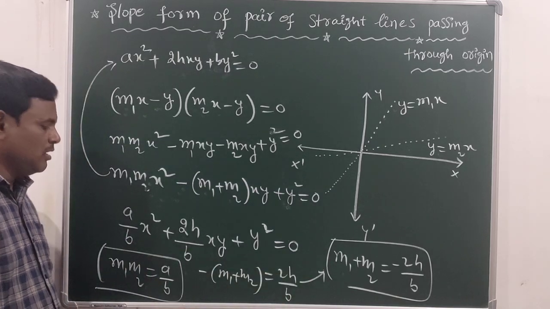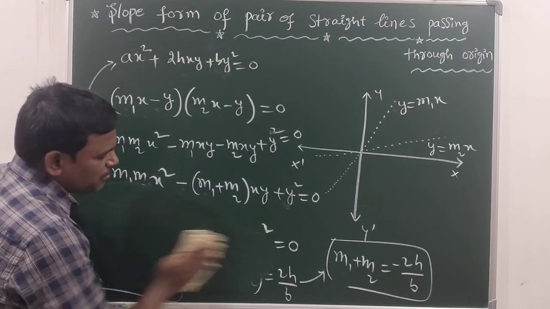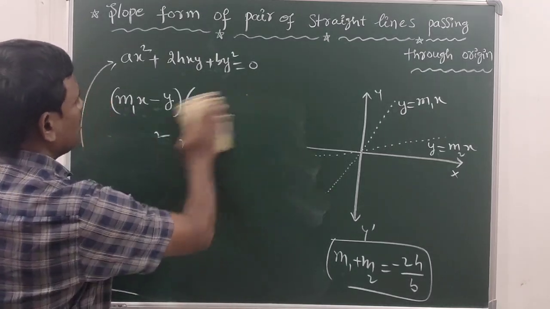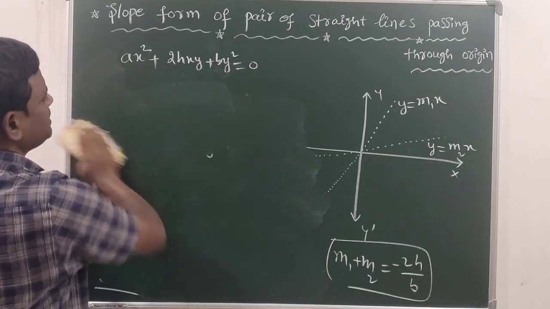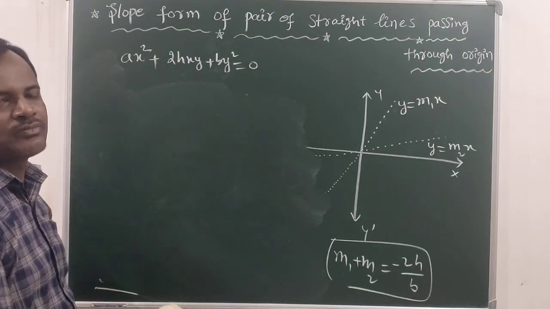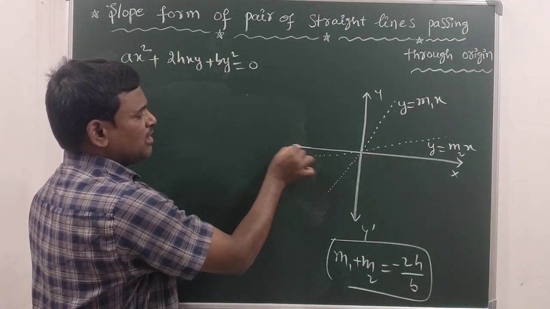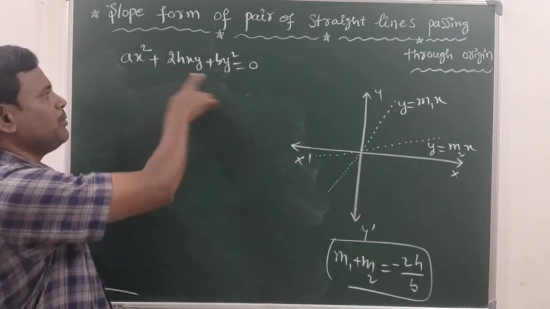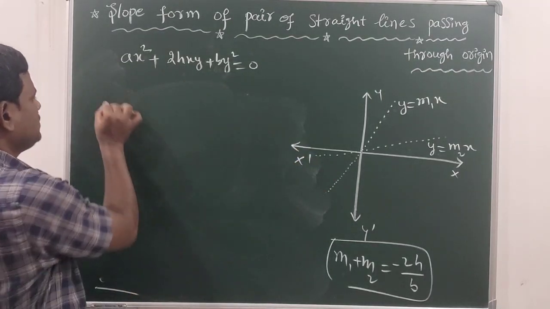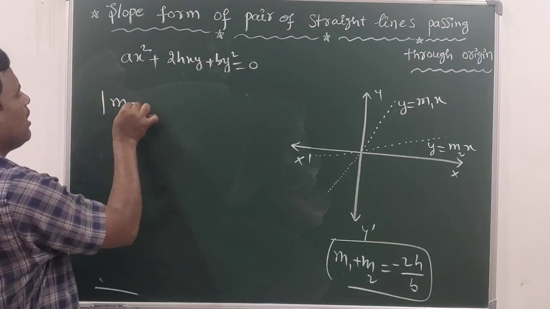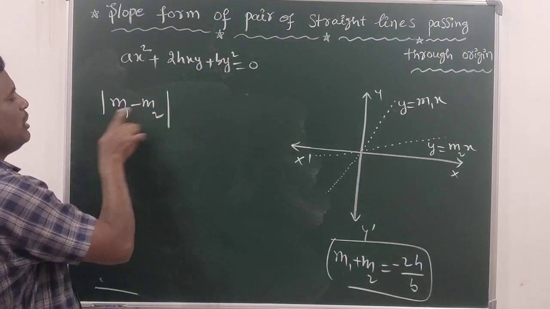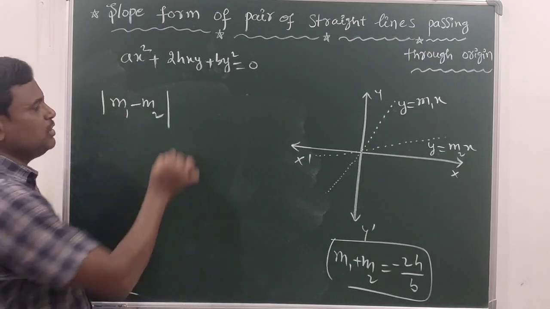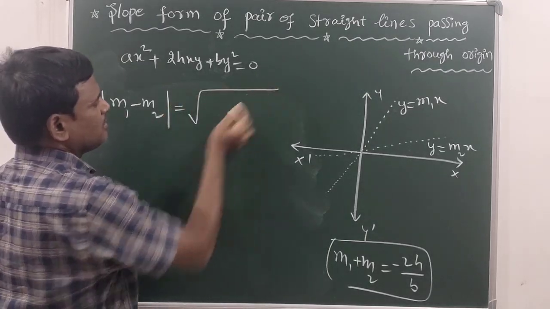Next, sometimes they may ask you the difference of the slopes of the lines represented by this pair, which means that you would have to find mod of m1 minus m2. This you have to find. So, this you can write like this.